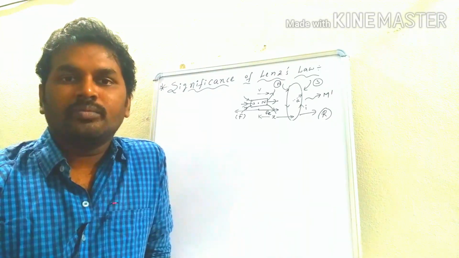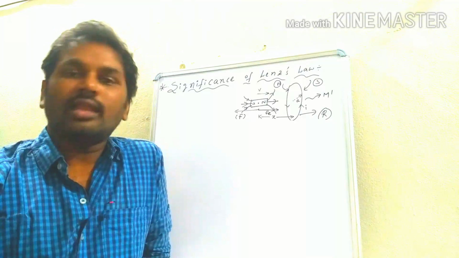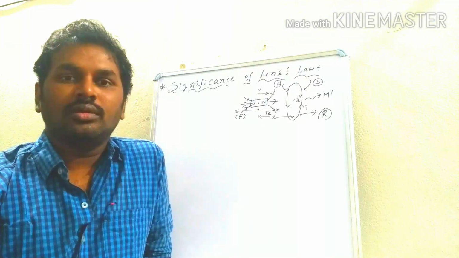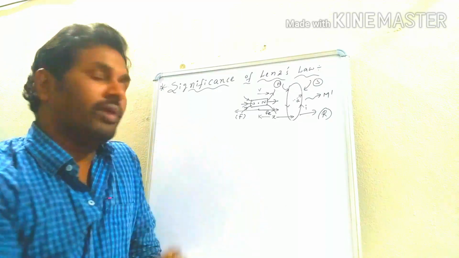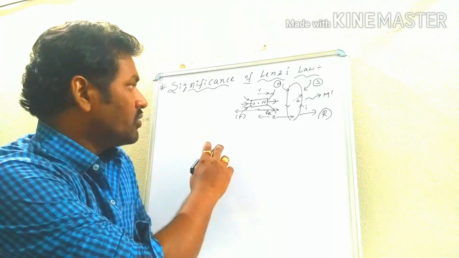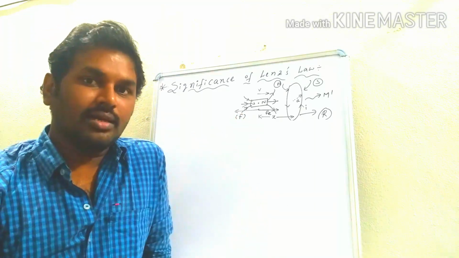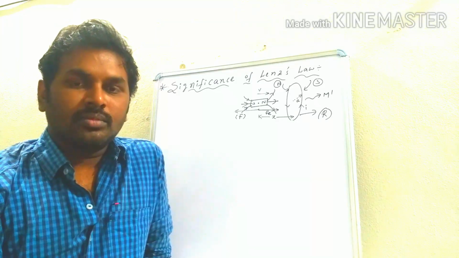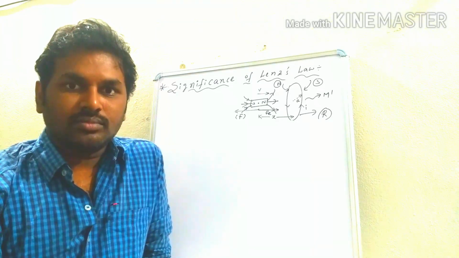Suppose the question has been asked like this: how much is the force acting on this bar magnet, in terms of the distance between the magnet and the coil? This is very easy.